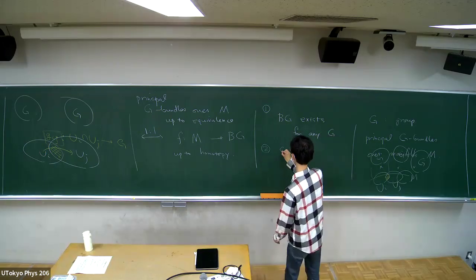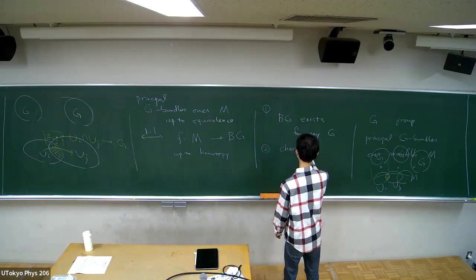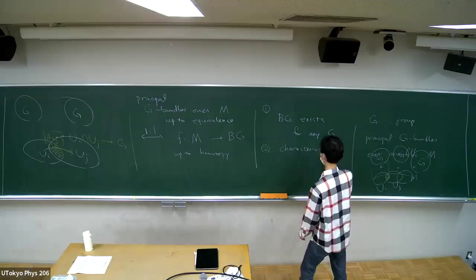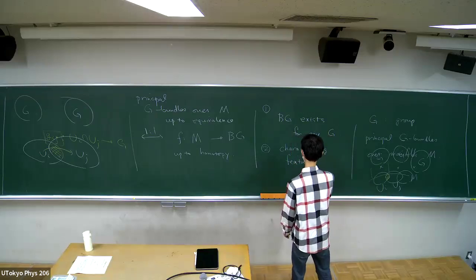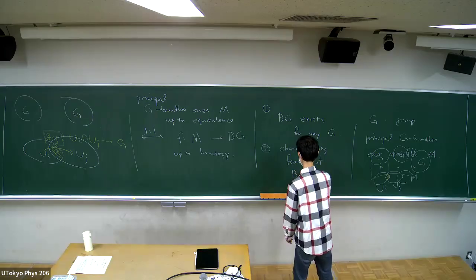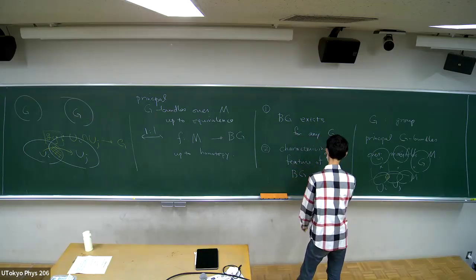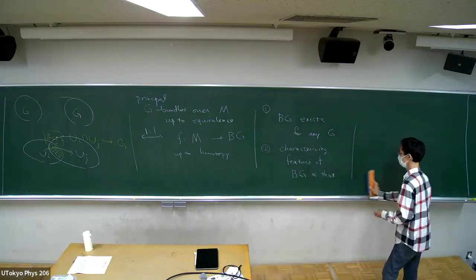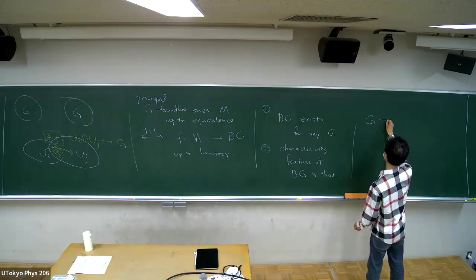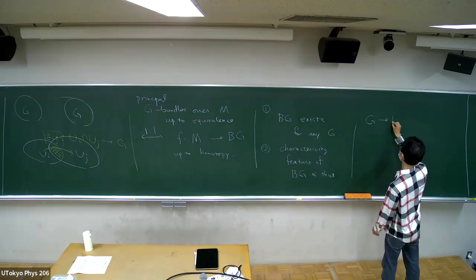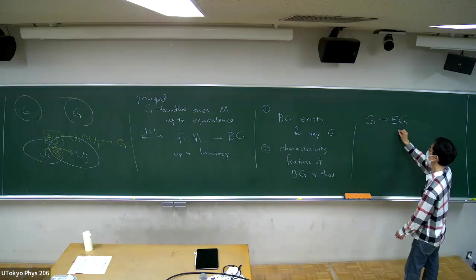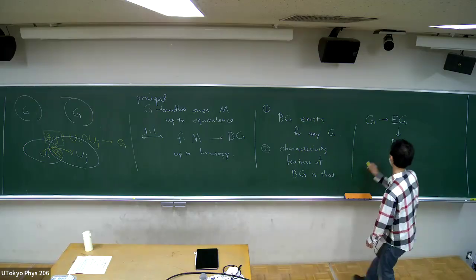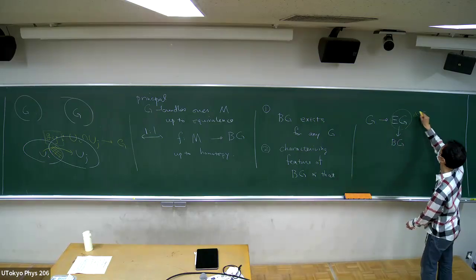And the characterizing feature of BG is that there's a principal G bundle over BG itself, which is usually called EG over BG, such that EG is contractible.